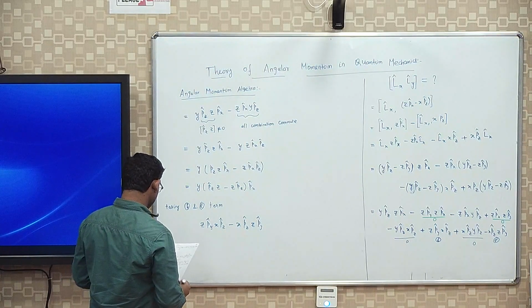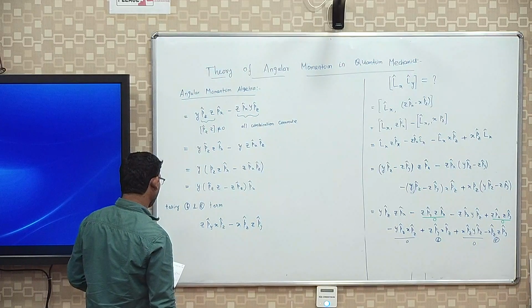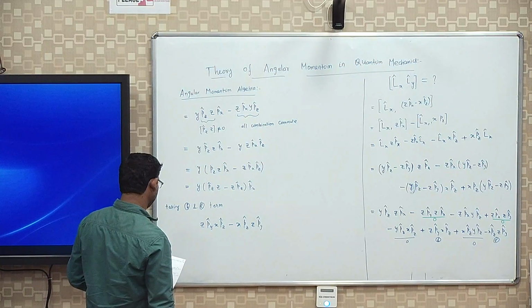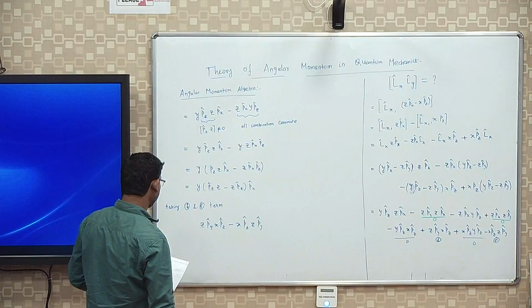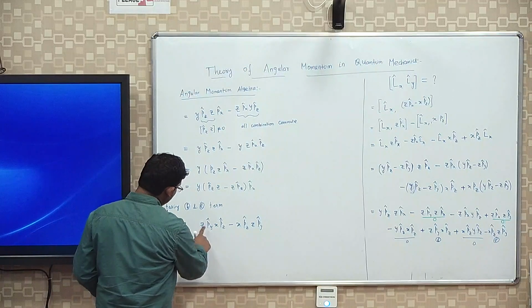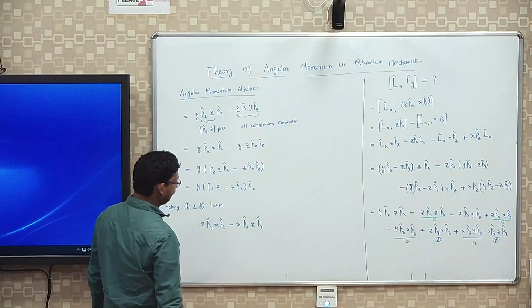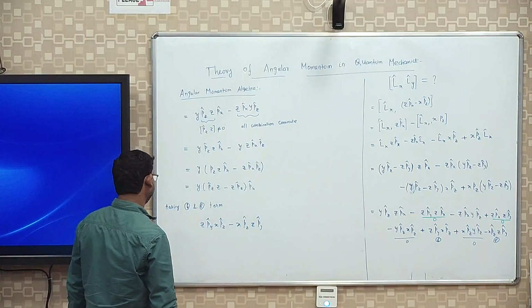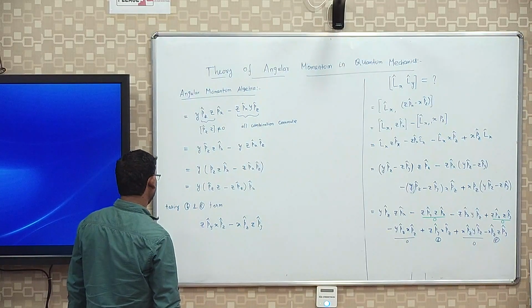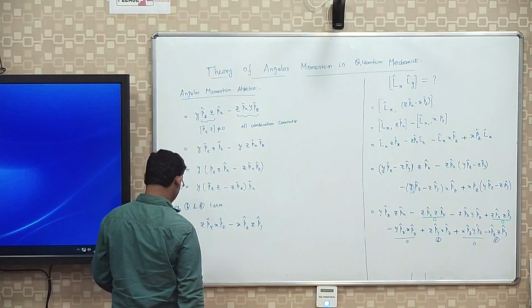Again, if we look here in this expression, z can commute with py, z can commute with x, z can commute with pz. So x also can commute with z, py and pz.